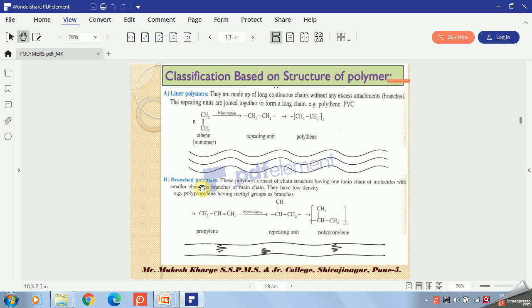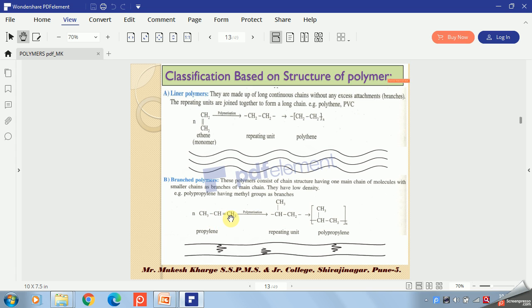If there are branches in your structure, then another type is present, and that is branched polymer. These polymers consist of a chain structure having one main chain of molecule with small chains as branches of the main chain, and they have low density. For example, polypropylene. The propylene is CH3CH=CH2.